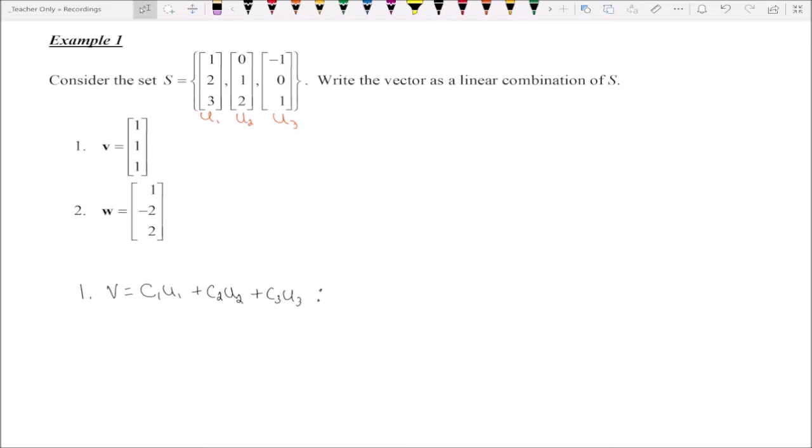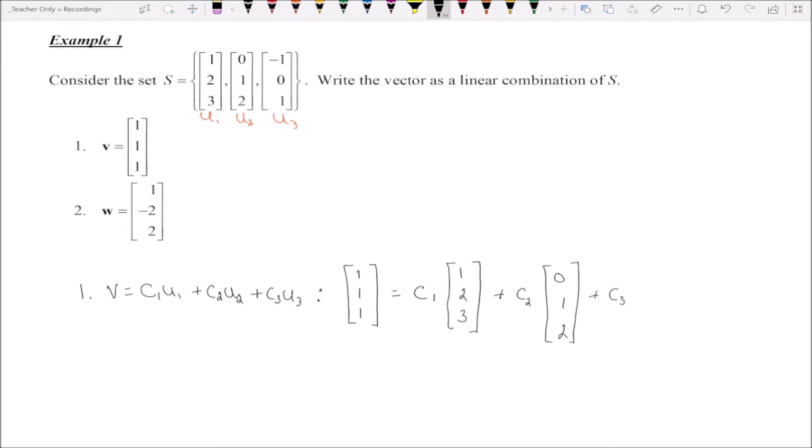If we actually write this out, this means that we want to write the vector 1, 1, 1 as c1 times the vector 1, 2, 3, plus c2 times the vector 0, 1, 2, plus c3 times the vector negative 1, 0, 1.